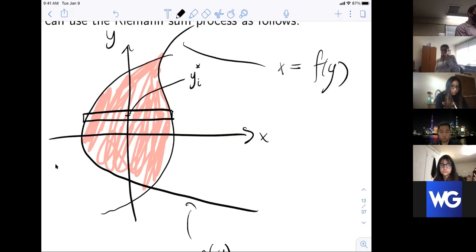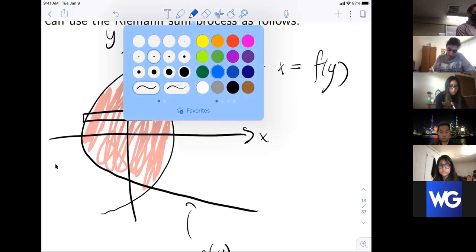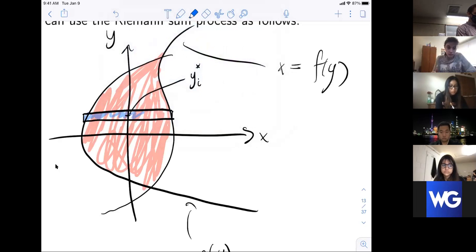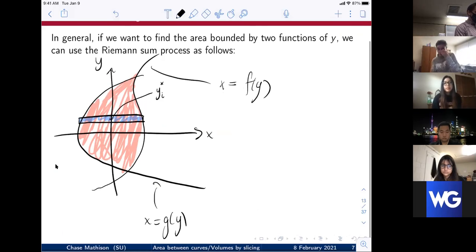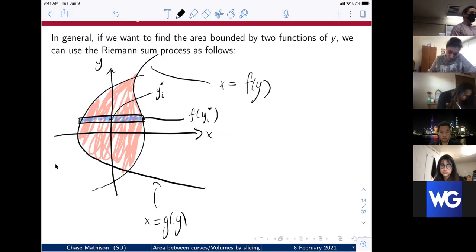So then the area of this rectangle, which I will color in SU blue, is, well, the area of any rectangle is just its width times its height, right? Its width, well, over here, this edge goes to the right a length of f of yi star, right?